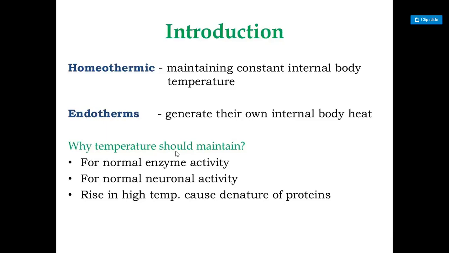Again, your neurons, your nerve cells, all need a normal temperature to function also. So when your temperature increases abnormally, it could lead to dysfunction of your neurons. The same thing will happen if your temperature falls below normal.